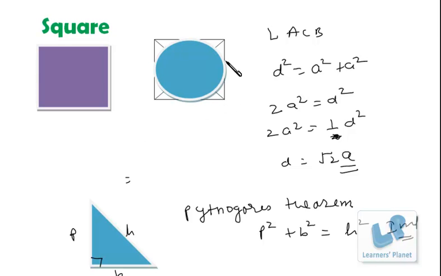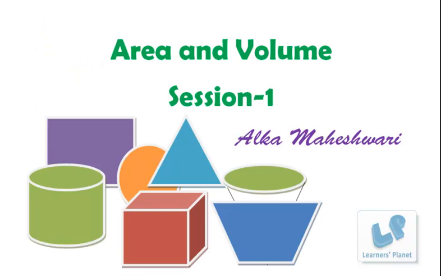This is a circle that can be inscribed in a square, and even a circle can circumscribe this square. We'll be discussing more such properties later on in the session. So till now, I hope you are clear.